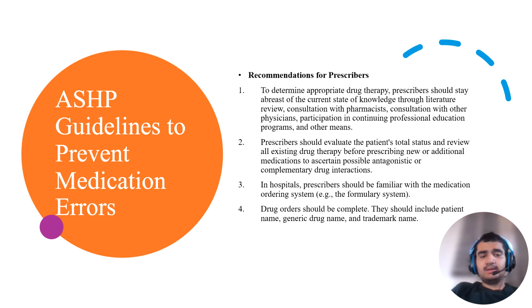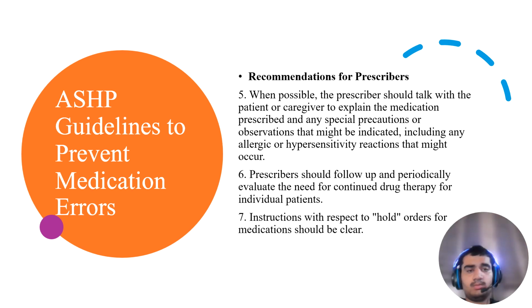In hospital, prescribers should be familiar with the medication ordering system, that is the formulary system. Drug orders should be complete. They should include patient name, generic drug name, and trademark name. Moving further, when possible, the prescriber should talk with the patient or caregiver to explain the medication prescribed and any special precautions or observations that might be needed, including any allergic or hypersensitivity reaction that might occur.